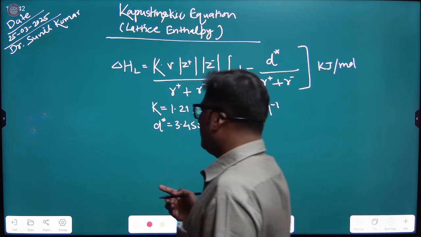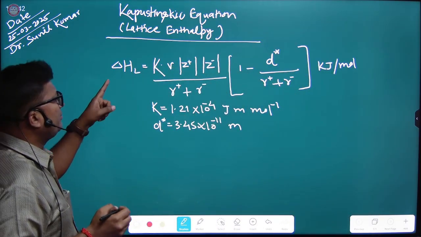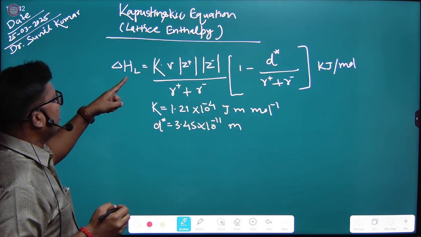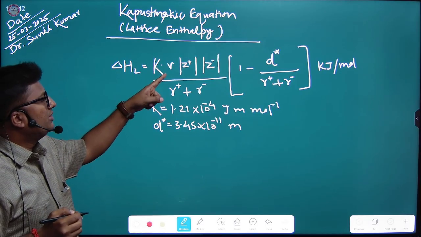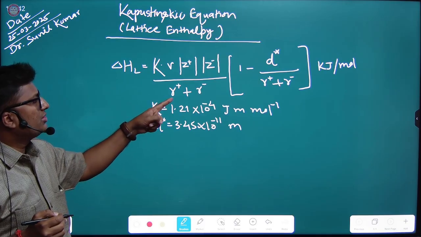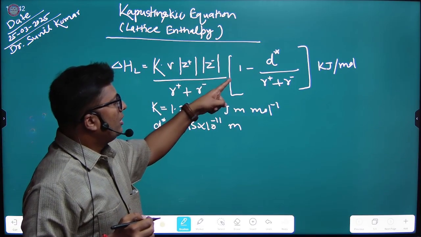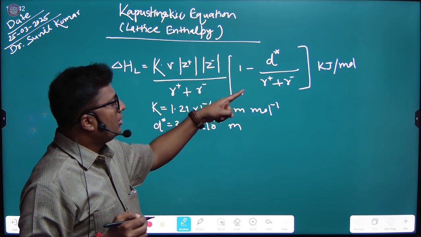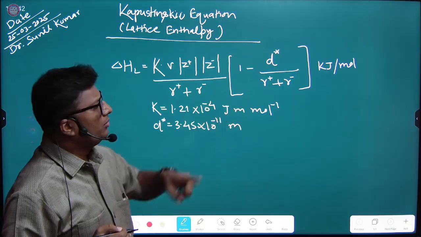So the Kapustinskii equation is expressed as delta HL = K ν |Z+| |Z-| / (R+ + R-) × (1 - D*/(R+ + R-)) in kilojoule per mole.